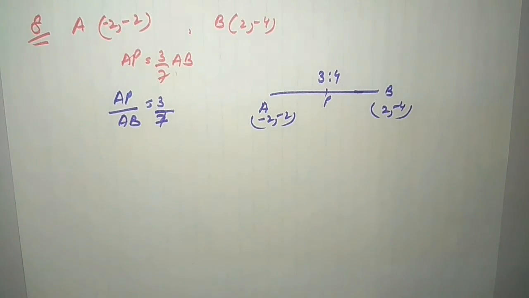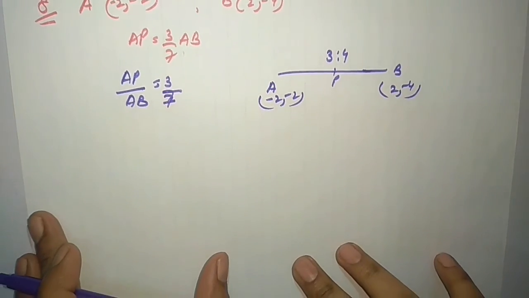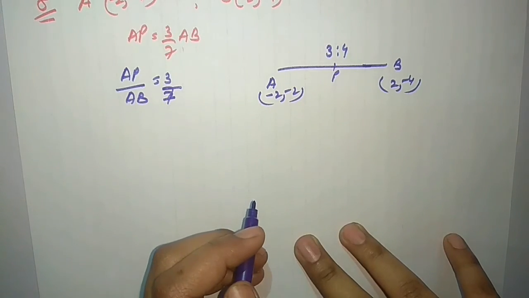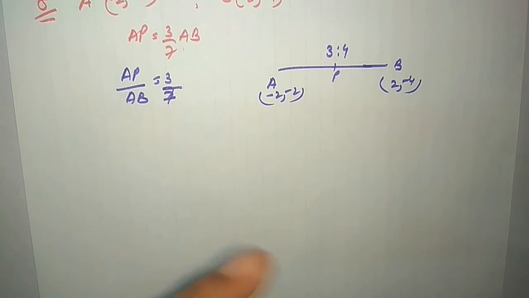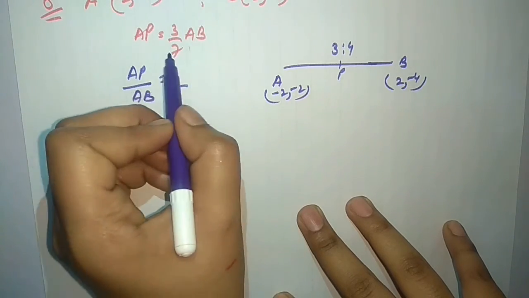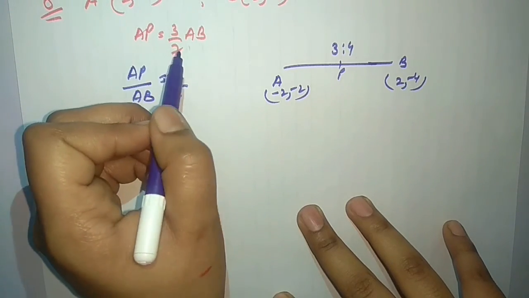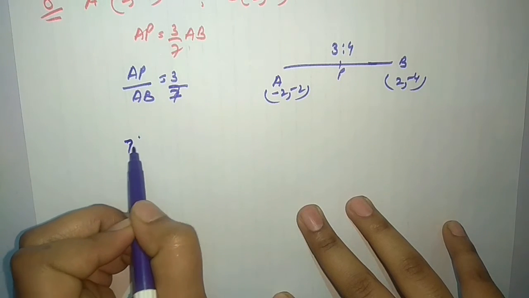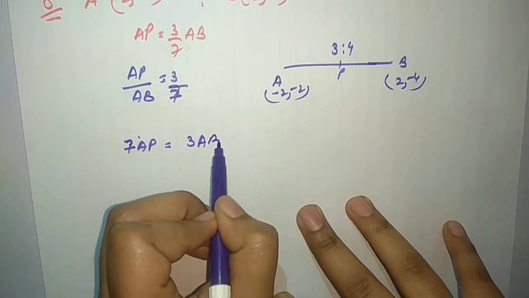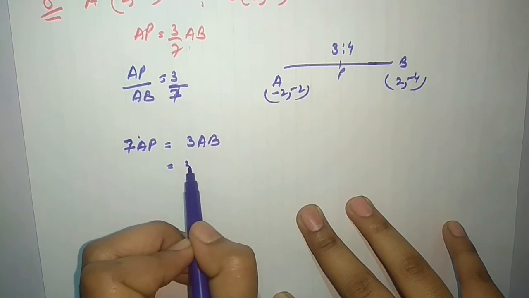But if this question comes for 3 to 4 marks, then we have to prove that the ratio is 3 ratio 4. Then how we do it: AP is equal to 3 by 7 of AB. Take 7 to this side, that is 7 AP is equal to 3 AB. Now AB is AP plus PB.